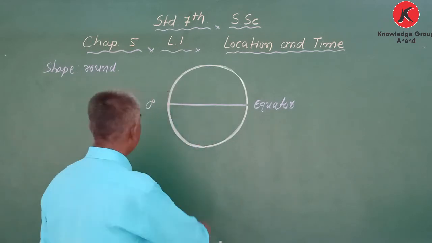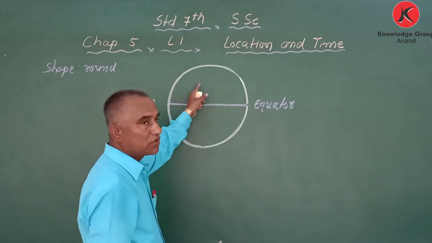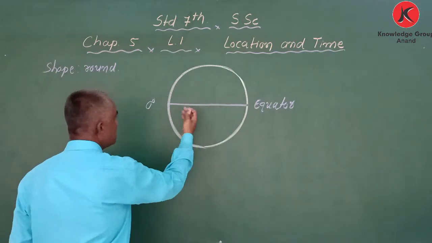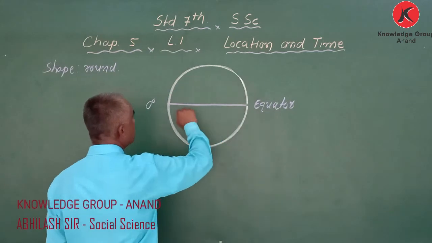My dear student, equator divides the earth into two halves, north and south. This is called northern hemisphere, this is called southern hemisphere.